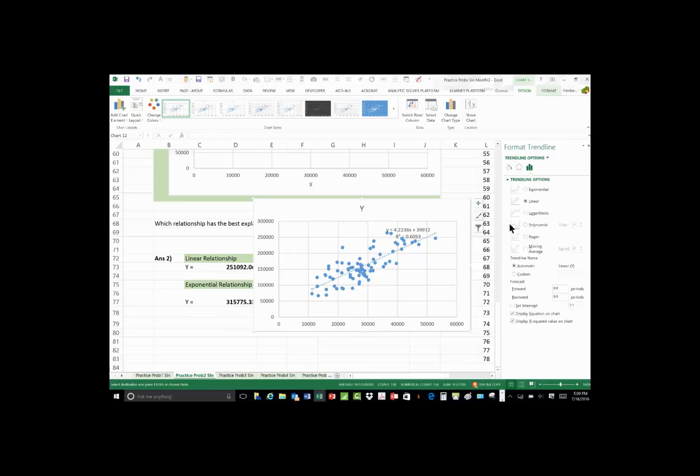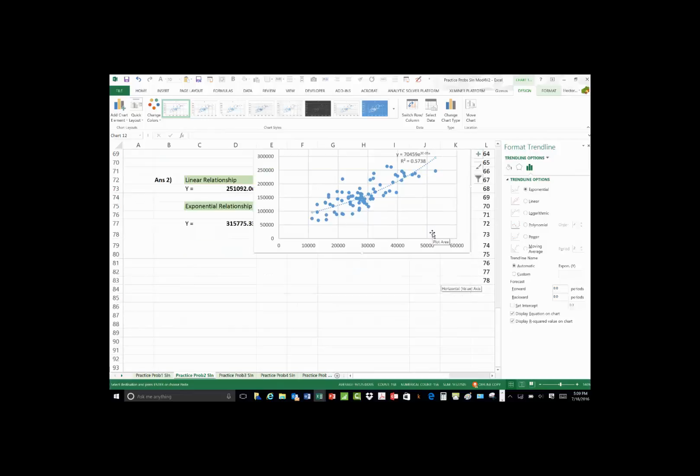What if I had wanted, rather than a linear function, an exponential function? This is 70,459 times e, Euler's number, a very important number in mathematics, raised to the power of 3 e-5, that's multiplied by x.